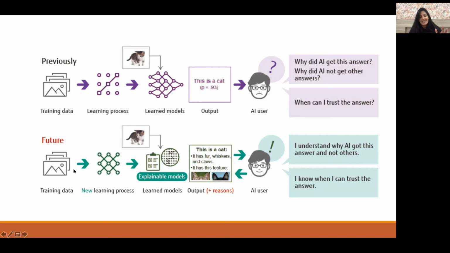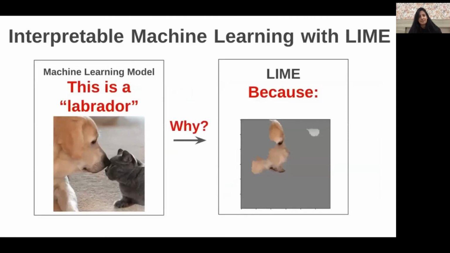So the idea is that when we introduce this new machine learning process, we also have the reasons why this image was called a cat and why the probability was 93%. We can clearly see that since it has fur, whiskers, claws, and a certain kind of ear feature, it's a cat. And that's when the end user clearly knows that they can trust this answer.